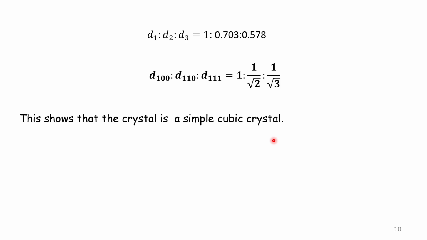We have taken one example, that is the cubic crystal, and we have seen that theoretically and practically we get the ratio of these interplanar distances equal. Therefore the material observed by using the powder method is a cubic crystal.